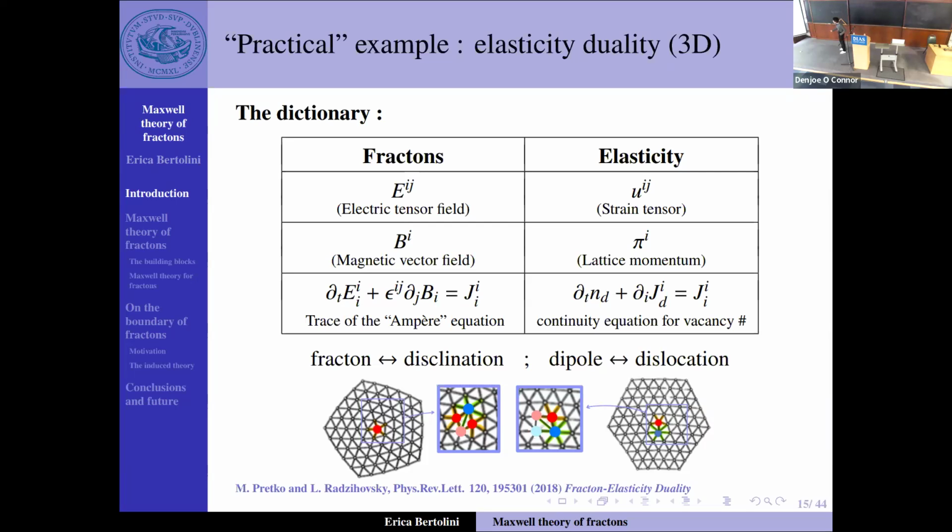So this is an object made of 5 links, and the others are a hexagonal lattice. By flipping the links, we can have a 5-links object here, and a 5-links object here, and 7 links here.